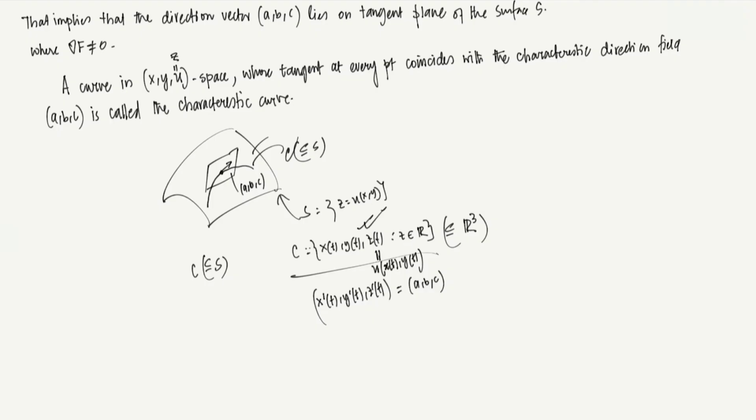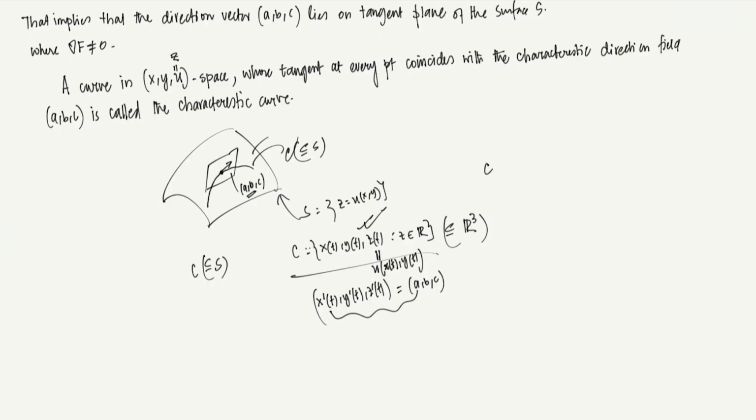So we look at a curve C such that the tangent is given by this ABC, because ABC is the vector which lies on the tangent plane. We can of course think of a curve which lies on S such that this happens. Once we know x prime, y prime and z prime of t, we integrate and we get C.